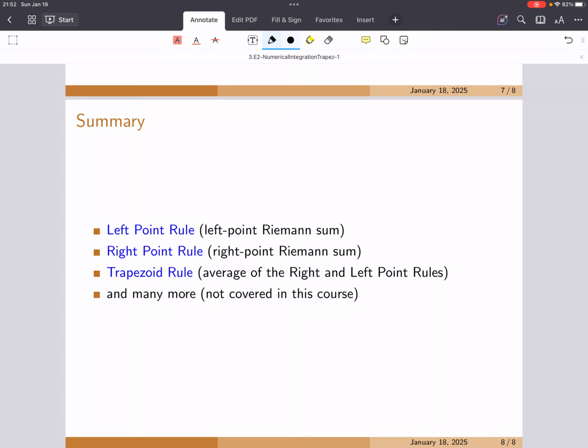For the right point rule, you leave out the first one. The benefit of the trapezoid rule is that you use all of the data points. You put most of the emphasis on the middle ones, and a little bit of emphasis on the end ones, but you do use all of those data points. Now, as we said before, there are other numerical integration methods as well, but those are not covered in this particular course.